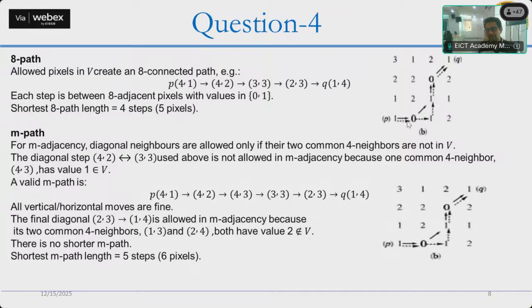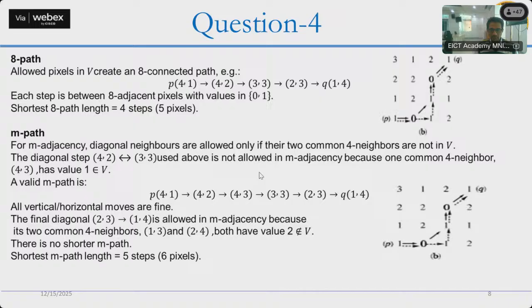But if somebody asks for the shortest path, I will go from 0 to 1 in this way, because diagonal moves are allowed in the 8-connected path. That's why it is 1, 2, 3, 4. Is it understood?